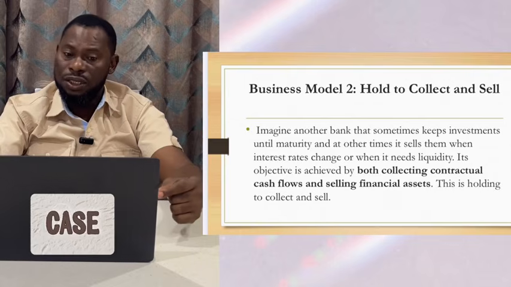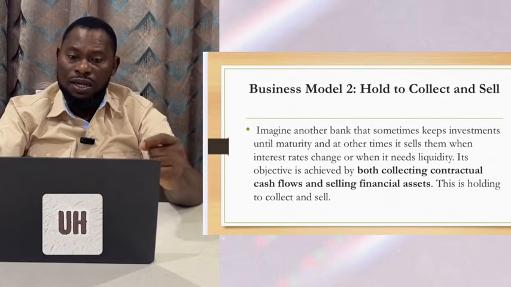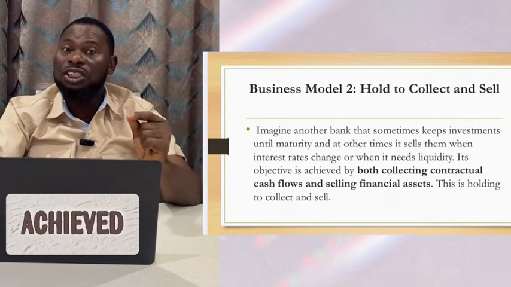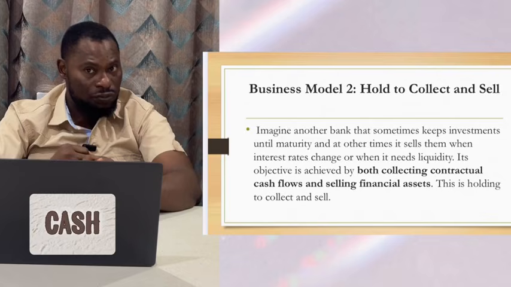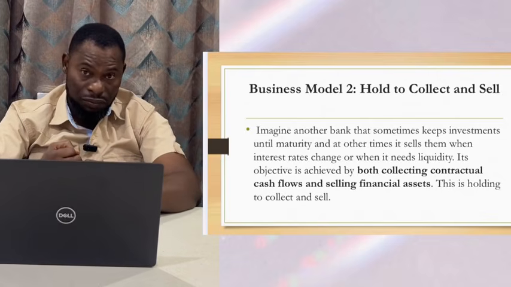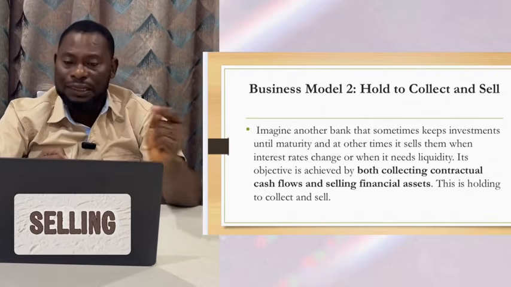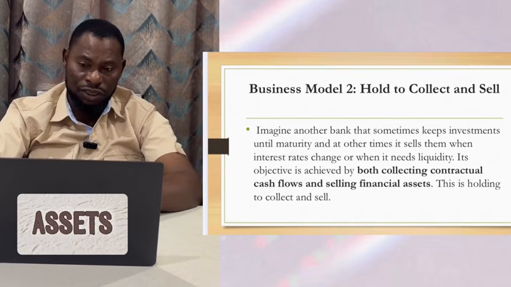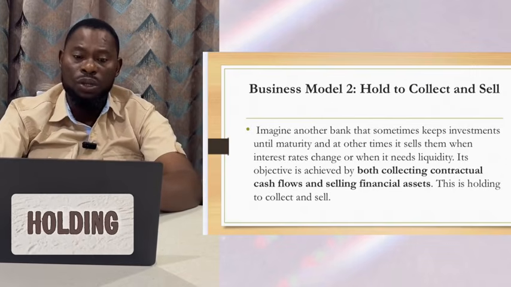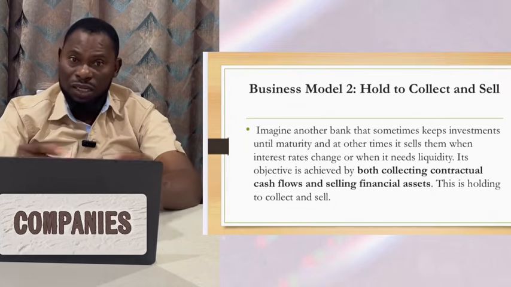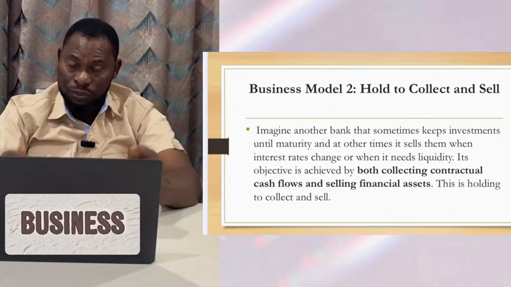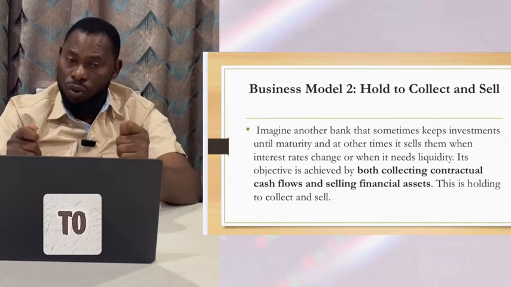So in that case, we say the objective of that company is achieved by 2 things: by collecting contractual cash flows, that is interest, and also selling financial assets. So this is holding to collect and sell. I hope this is clear. The first company is holding, that's the first business model, is hold to collect.